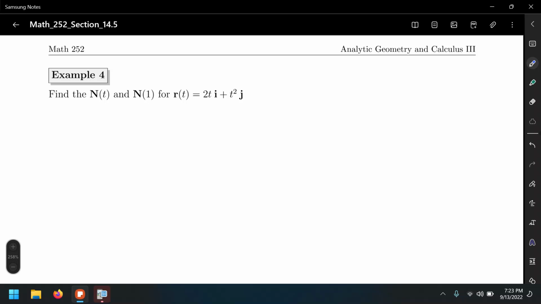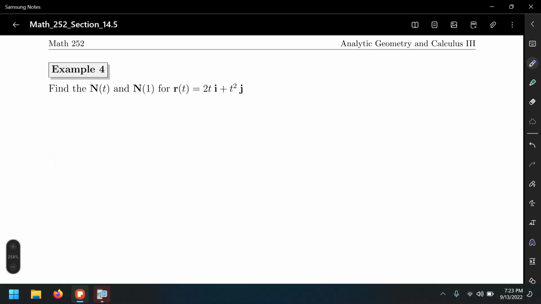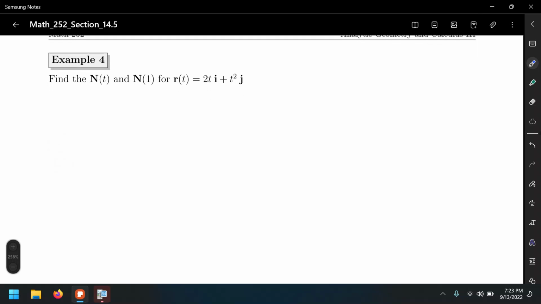We want the normal unit vector, which is the derivative of the tangential over its magnitude.